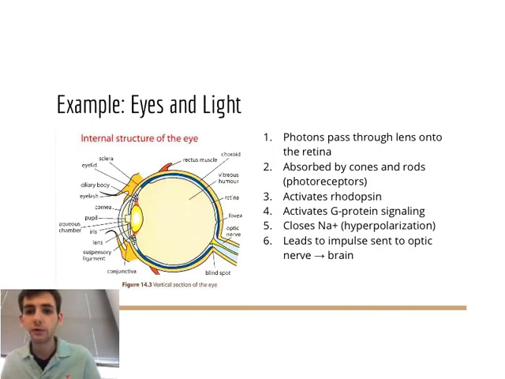We're going to close sodium channels, so this is going to cause hyperpolarization. This is then going to lead to an impulse being sent to the optic nerve, and that optic nerve is going to run to the brain for processing, allowing us to now see light. This is an example that you should be able to walk me through of how the eye can receive that external light signal and pass it to the brain for processing.